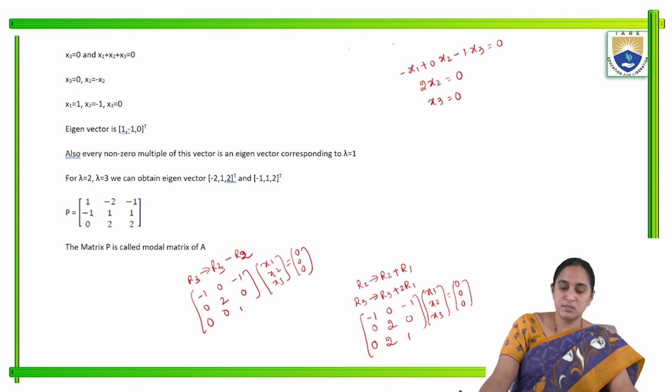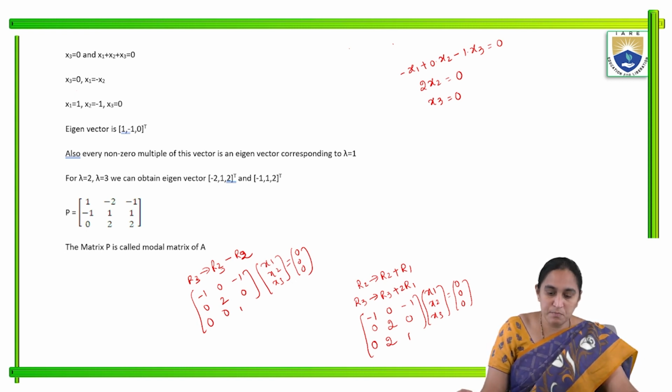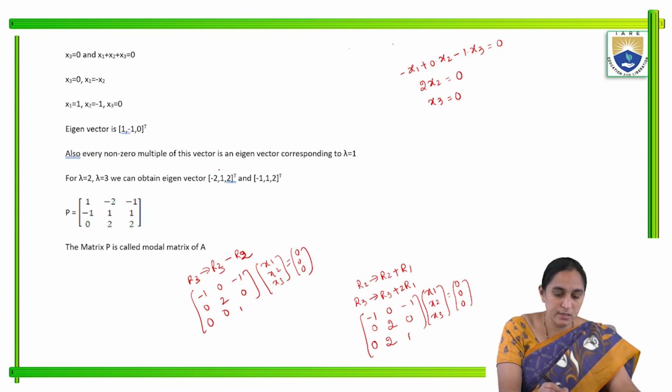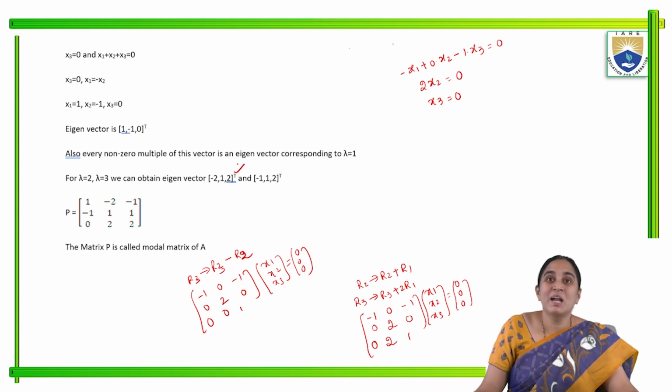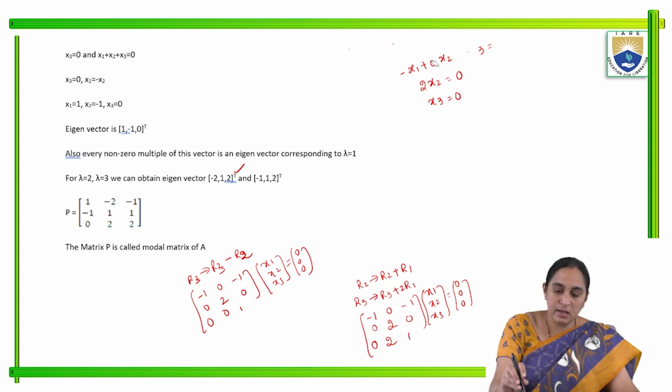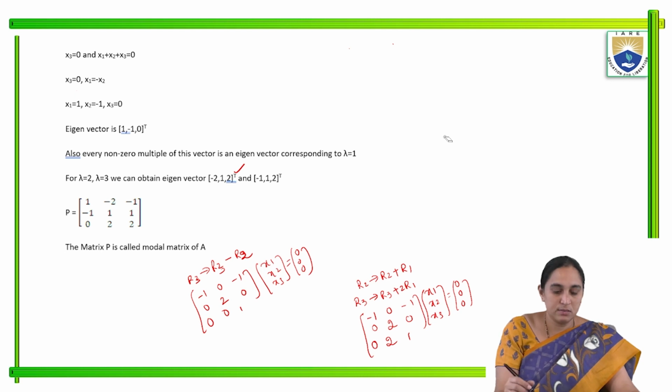Through the concept, some mistake is there, but through the concept we get, if lambda is equal to 2, for that case we get the value of minus 2, 1 and 2. If lambda is equal to 2, we get the eigenvector as x1, x2, x3, from that minus 2, 1 and 2.